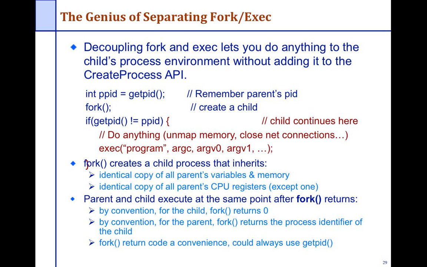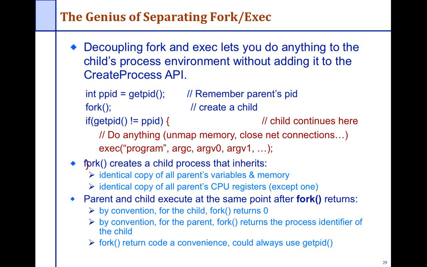When fork creates a child process, it inherits an identical copy of the parent's variables in memory and an identical copy of all parent CPU registers, except one. That one is the program counter, because the child is executing the next instruction after the fork, not exactly at the fork. At the time of the fork, the PC is on the fork call itself.